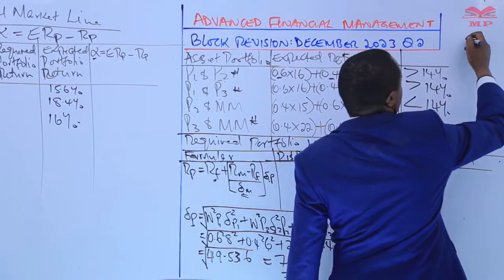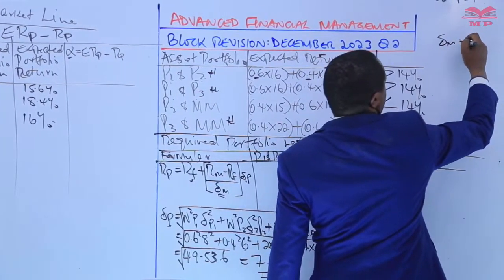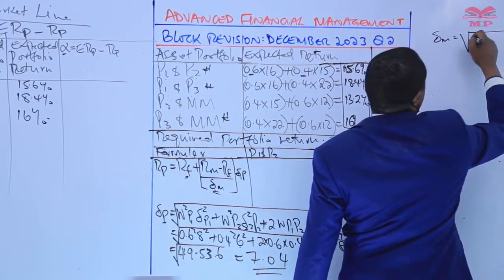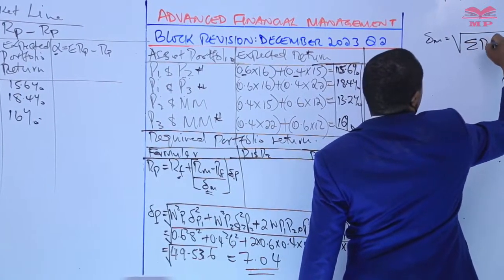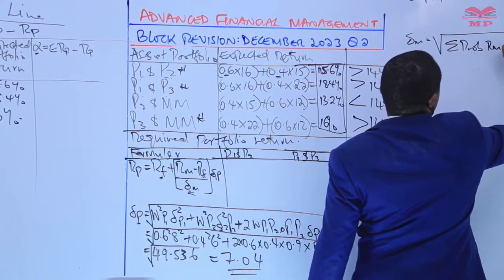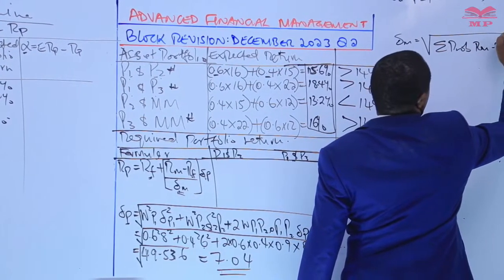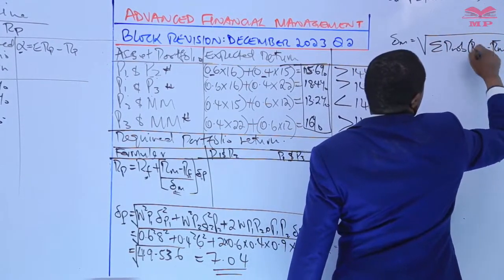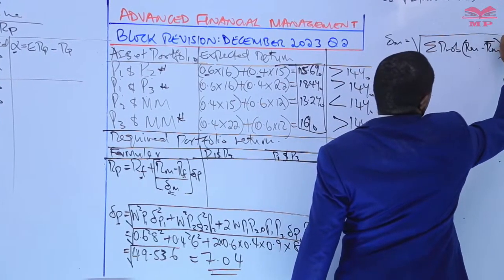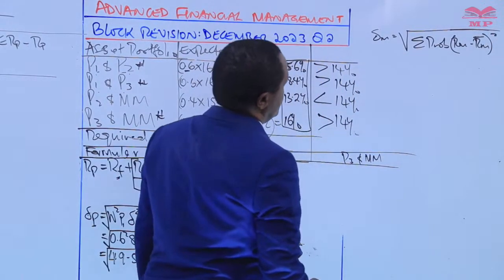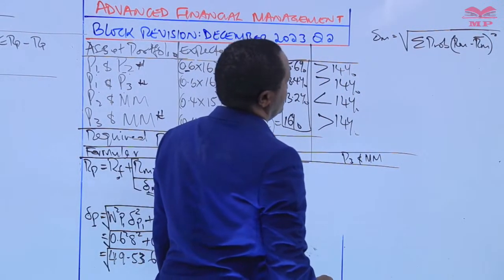The standard deviation of the market will be equal to the square root of the summation of the probability times RM minus expected RM, squared. So candidates, this is the formula for the standard deviation for the market.